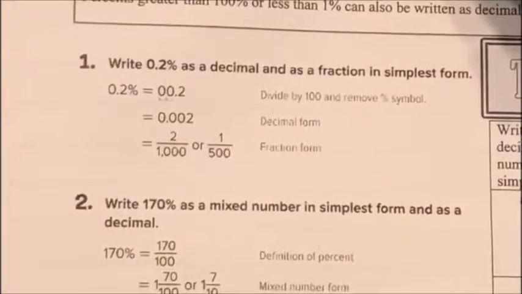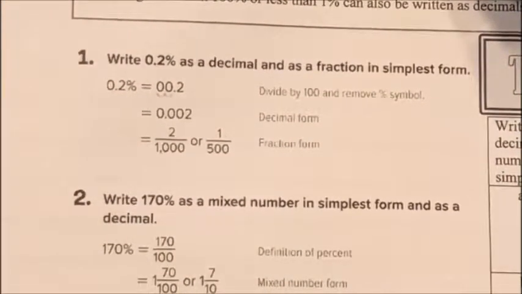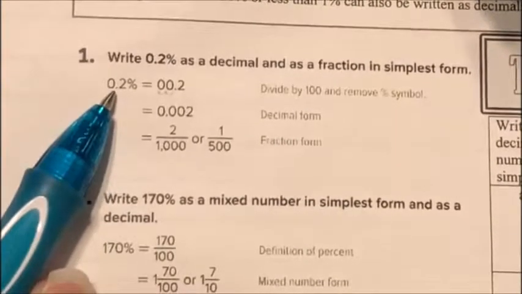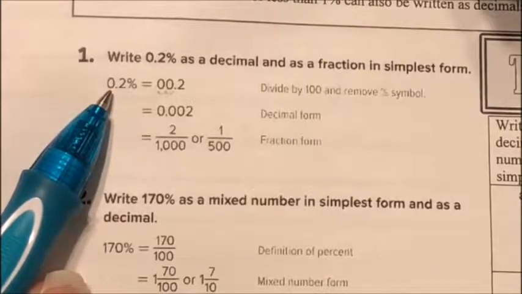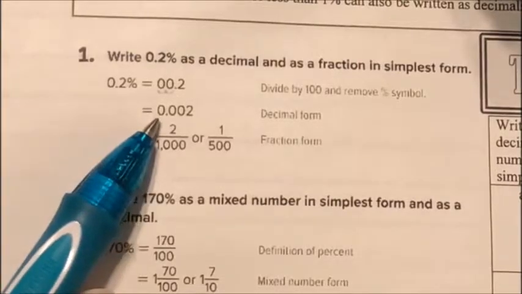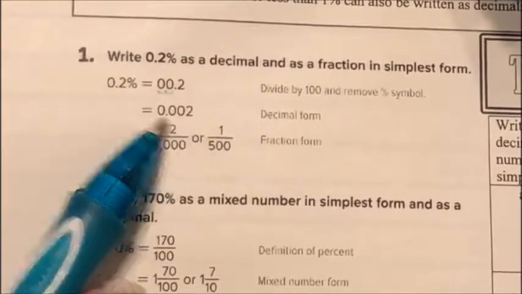The first example I have is write 0.2% as a decimal and as a fraction in simplest form. So what I can do is I can take my decimal, which is right here, and I can move it 2 places to the left because it's a percent.